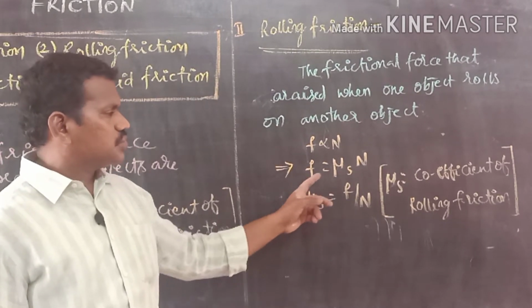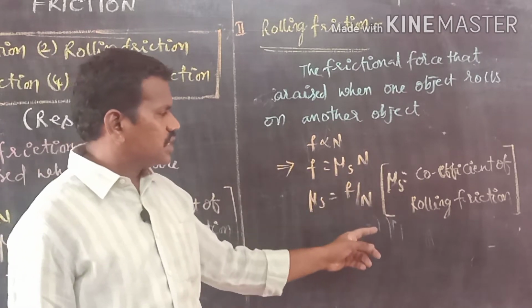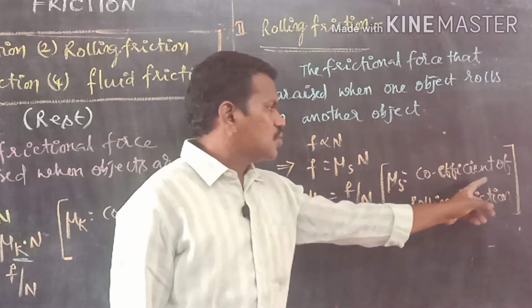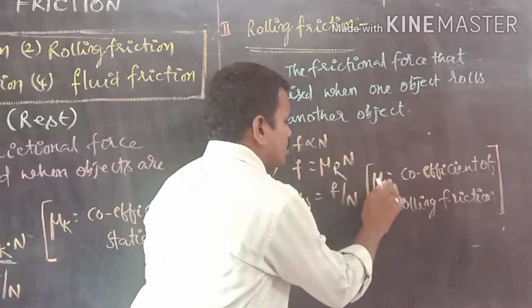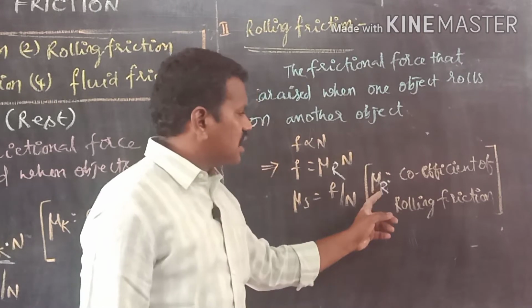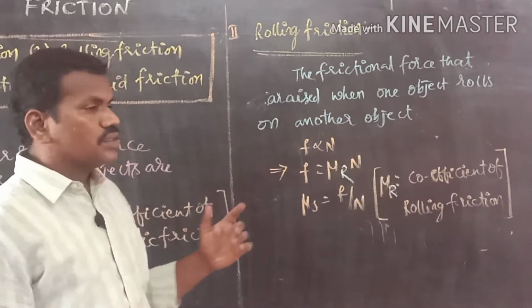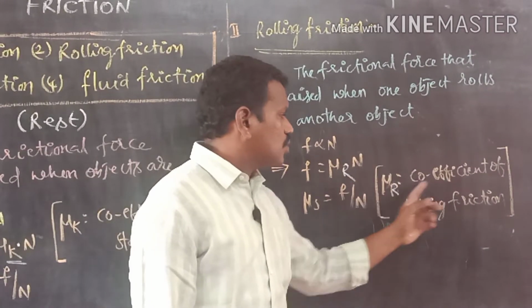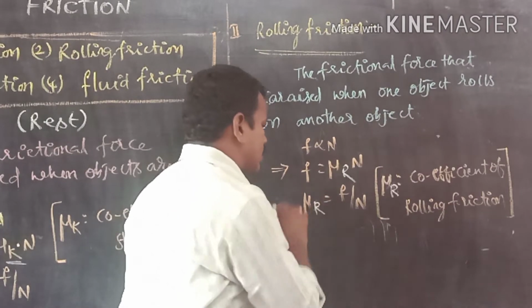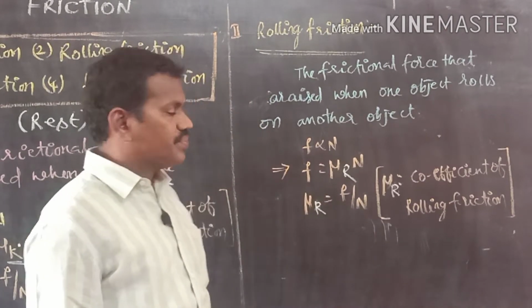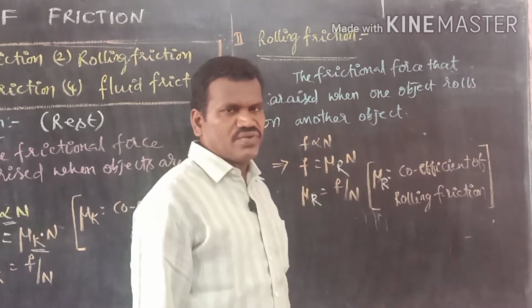Then F is equal to mu R into N. R stands for rolling friction. Mu R is the coefficient of rolling friction. Then mu R is equal to F by N.